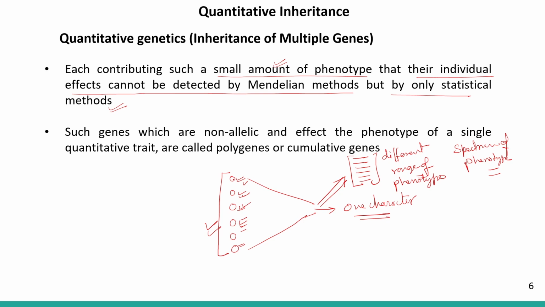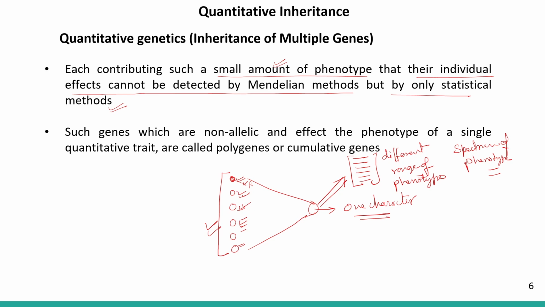So this particular gene may have 2 or 3 types of alleles, right? In one case it can be dominant, whereas in the other it will be recessive.